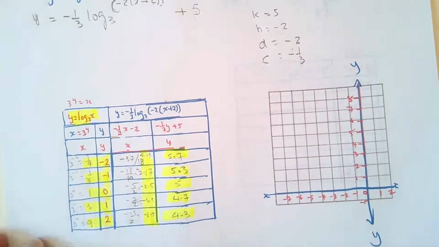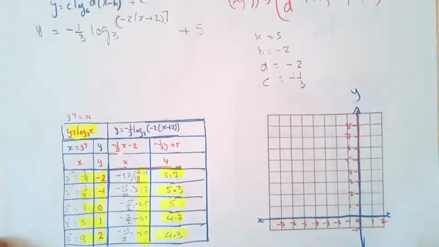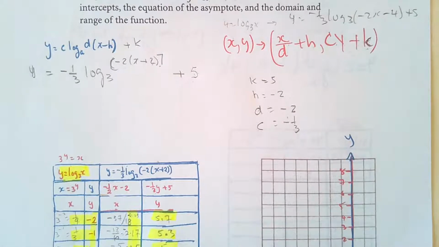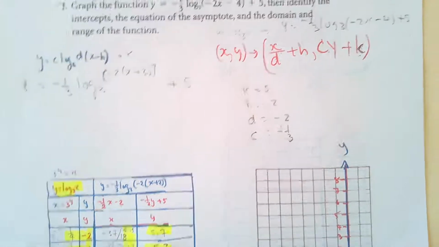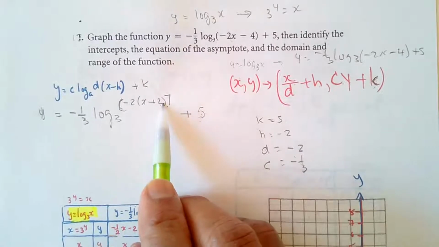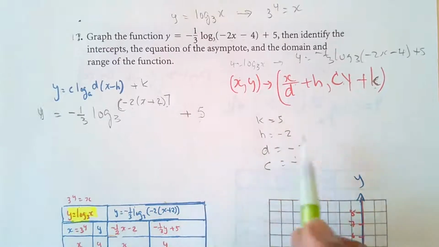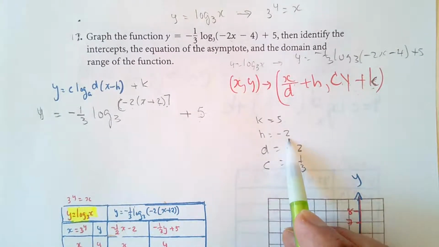Now, let's look at our graph again. So where will be our asymptote? If you look back at our graph, our vertical asymptote will be at x equals -2. So remember, you have a horizontal shift of 2 to the left.